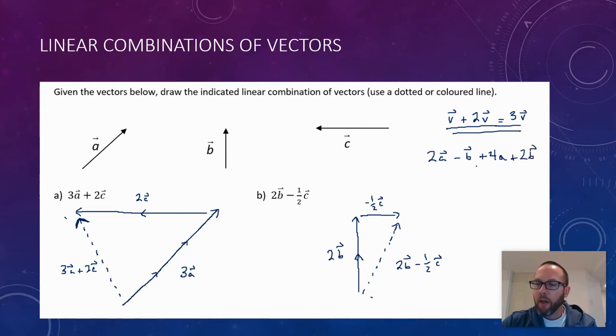We know that vector addition doesn't depend on the order of addition. We've already discussed that. So I could add 2a and 4a together to get 6 times vector a. And I know I can add negative b and 2b together, which gives me vector 1b. So you can simplify vectors algebraically like so. Or you can draw, I would expect you to be able to draw linear combinations too.